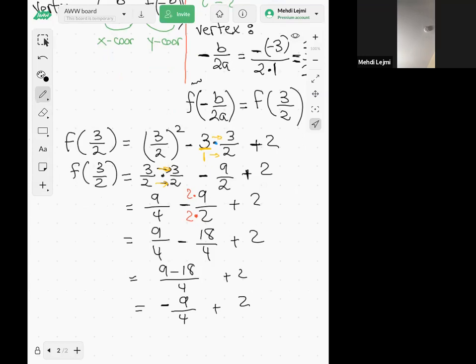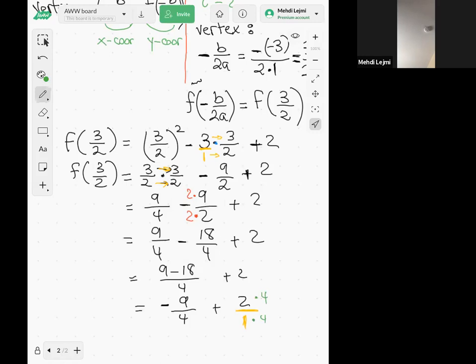Now we have a fraction plus a whole number. Whenever you have a fraction and a whole number, it's better to make the whole number look like a fraction. So I'm going to divide by 1 here, and then of course you need the common denominator, which would be 4. So I multiply here by 4 and here by 4.